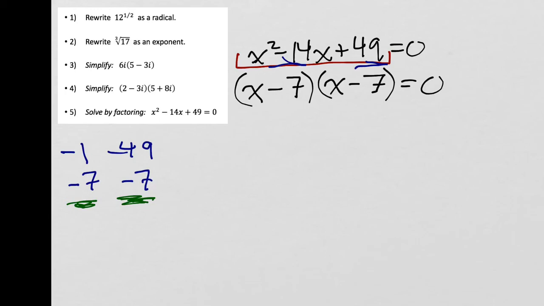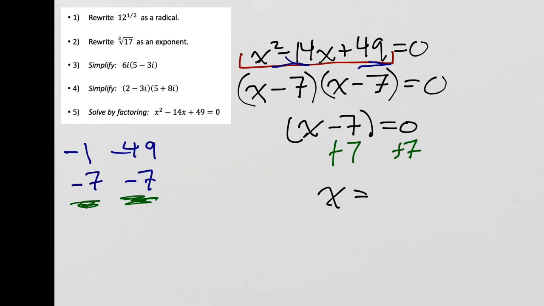And then normally you would split this into two different equations, right? But I don't have to do that because they're the same. So all I really have to do is x minus 7 equals 0. So then I just add my 7 to both sides, and I get that x equals 7.